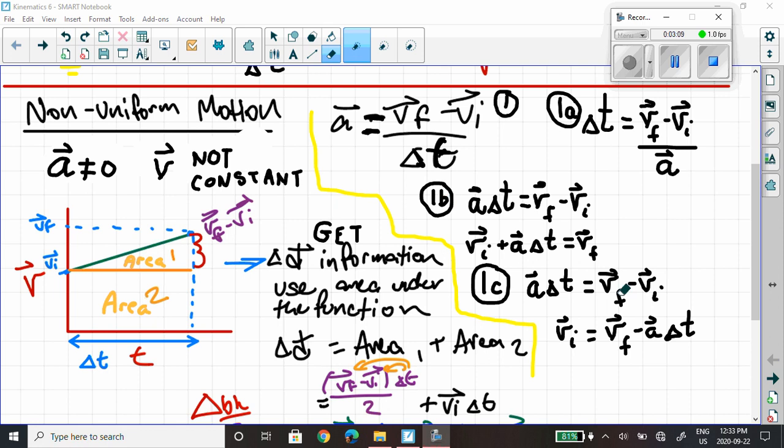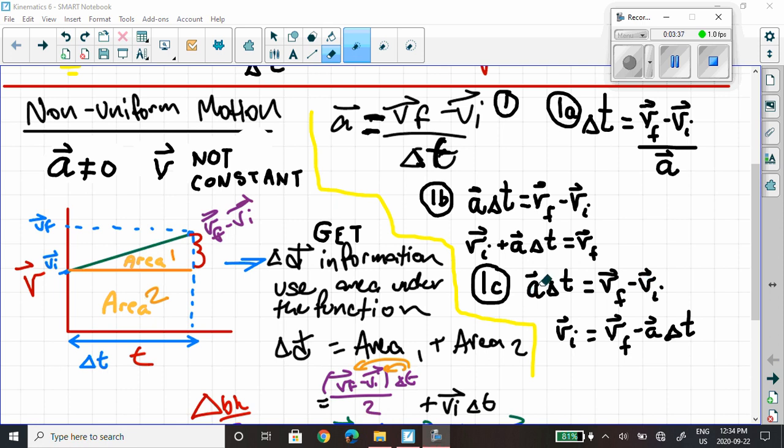Similarly, we can take acceleration multiplied by time is equal to final velocity minus initial velocity, and take negative initial velocity and bring it to the other side, and take acceleration multiplied by time and bring it from the left over to the right. So we're doing a double switcheroo here. We're taking negative initial velocity, bringing it from right to left.